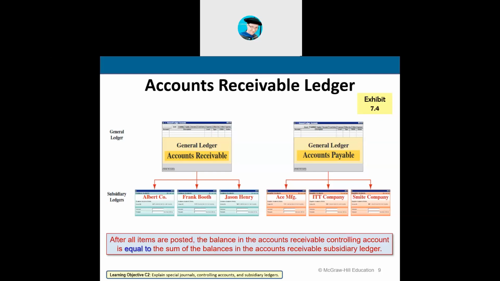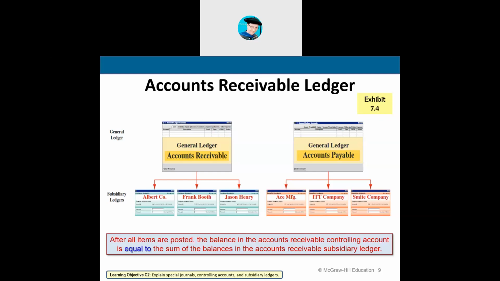And of course, all of these customers owe us money. Albert, you owe me money. Frank, Jason, pay up, guys. Those are my customers, right? They owe me money. They owe the company money. They are subsidiary ledgers to accounts receivable. You see what I'm saying?